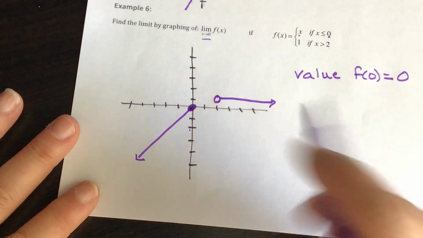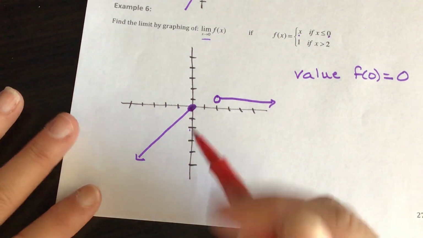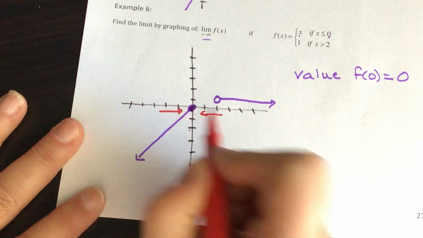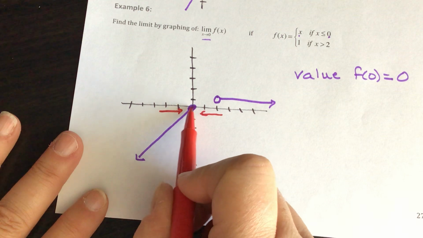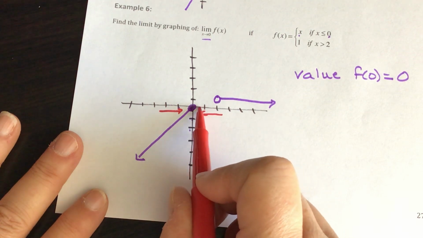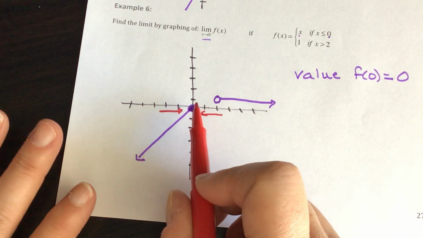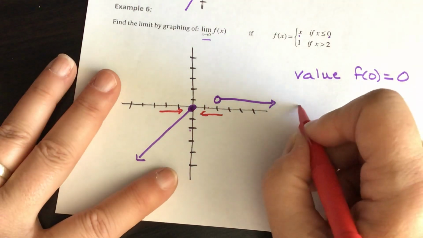At x equals 0, the value of the function is 0. But if I look at what's happening from going this way to going this way, it's heading towards 0. This way, there are no x values that are close to 0 here. So in this case, there is no limit.